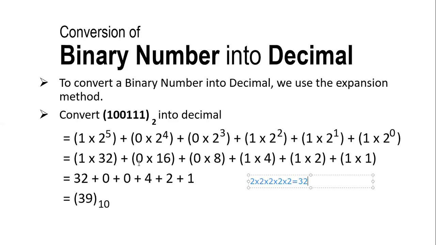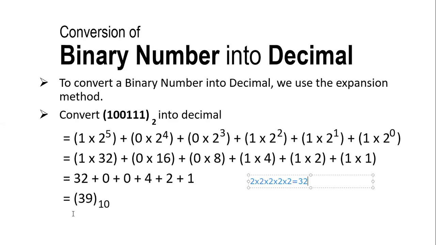Now solve these as you do in daily life. 32 times 1 is 32. Then plus, over here this 16 was being multiplied with this 0, which makes it 0 again. And then this 8 is becoming 0, and this 4 as such, 2 as such, 1 as such.